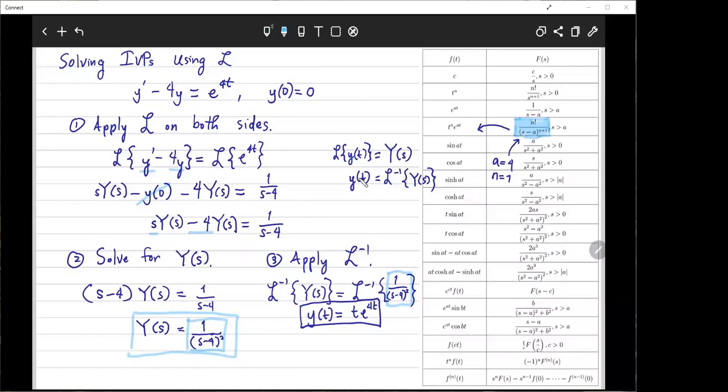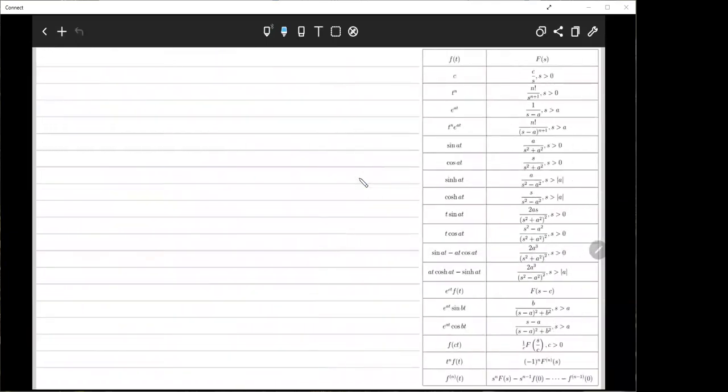i-decompose yung expression sa kanan, yung rational function in s, into its partial fractions. So review muna natin paano mag-decompose into partial fractions. So for partial fractions, before you even proceed, you need to make sure that the degree of your numerator, so meron kayong rational function in s, suppose your numerator is P and your denominator is Q, dapat yung degree ng numerator nyo less than the degree of the denominator.